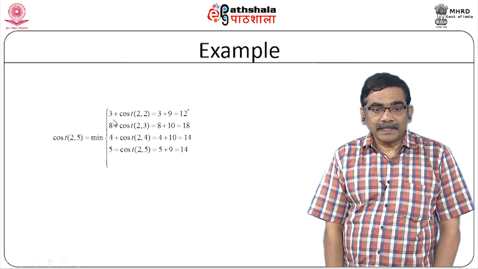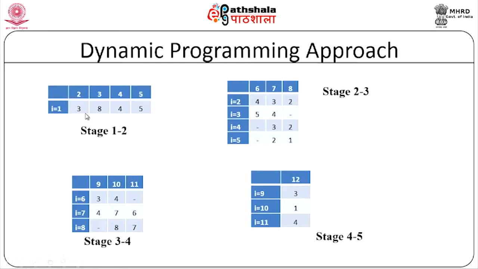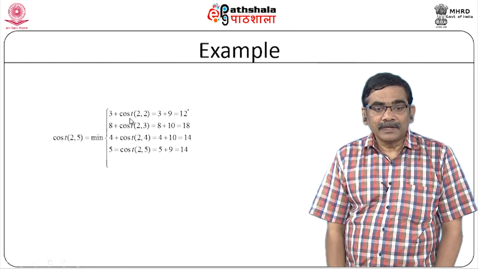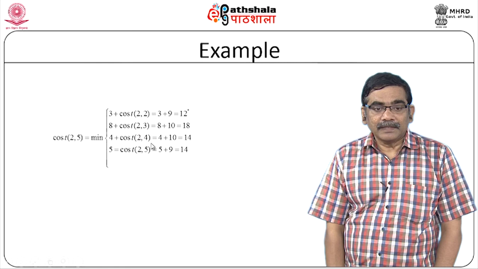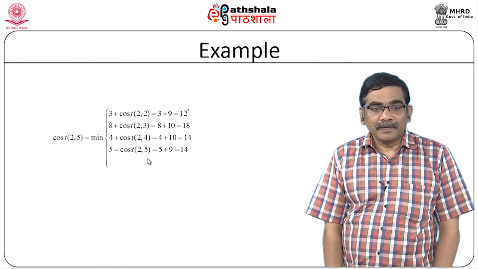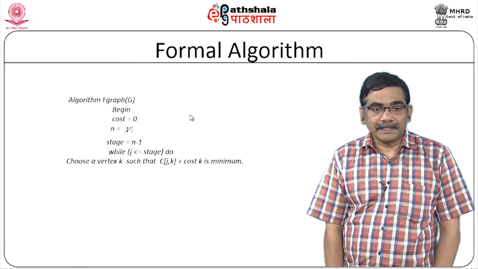So, you can see from this particular table that 1 to 2 is going to be 3. Therefore, it becomes something like 3 plus cost of 2 comma 2, 2 comma 3, 2 comma 4, 2 comma 5, which you find in the previous iteration. Substitute everything and find the minimum, that is going to be 12. So, this is going to be the shortest path from source to destination.